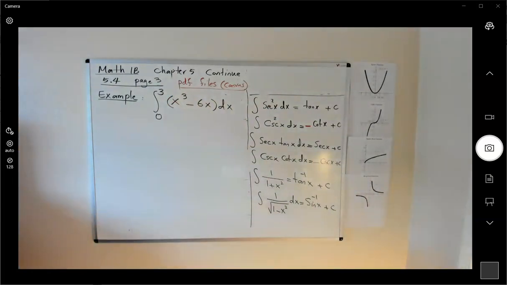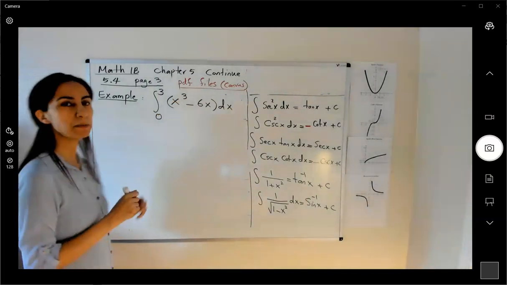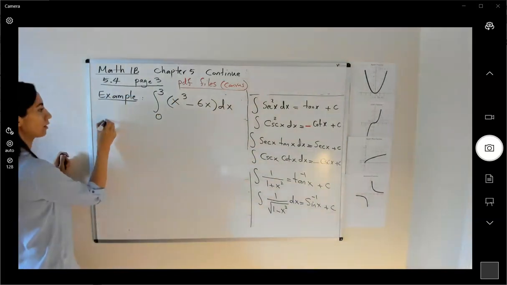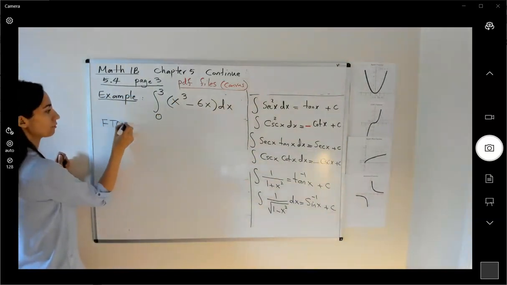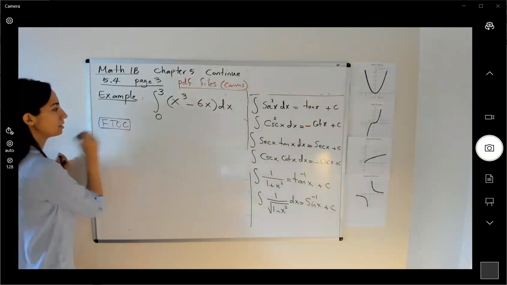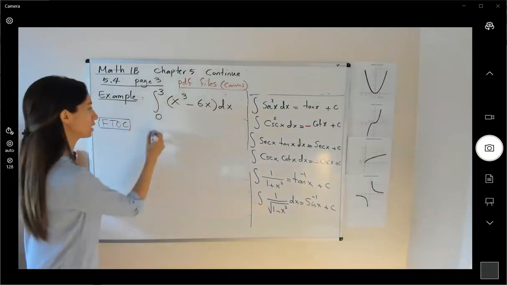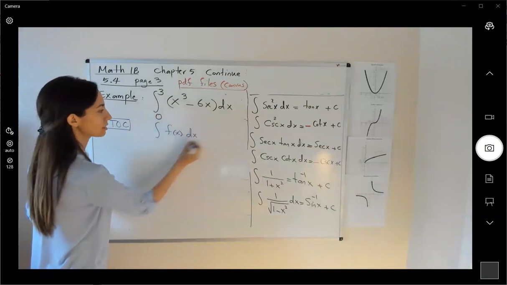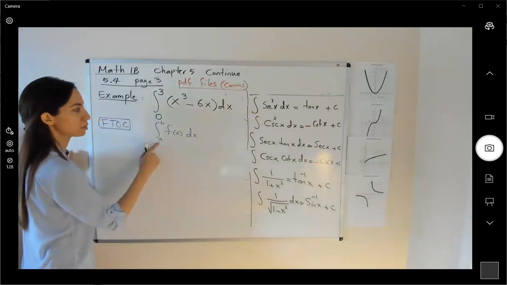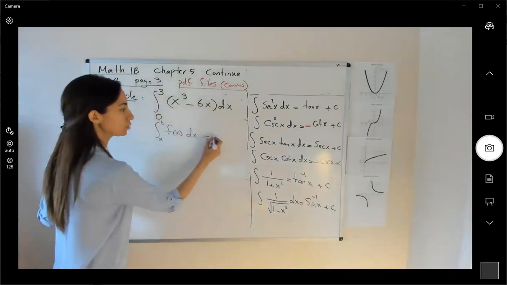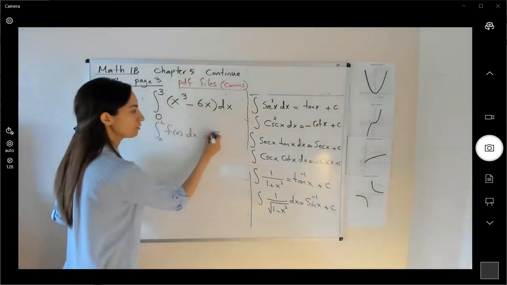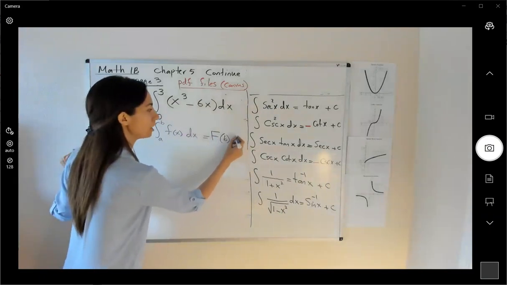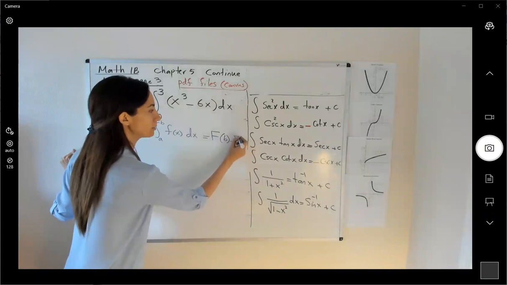Okay, perfect. So remember the fundamental theorem of calculus. It says, if you have a continuous function, the integral of f of x dx, where x ranges between a to b, is equal to the antiderivative of f, which is denoted by capital F, F of b minus F of a.